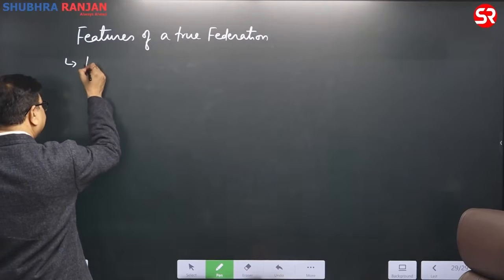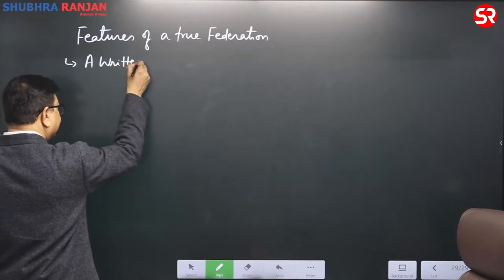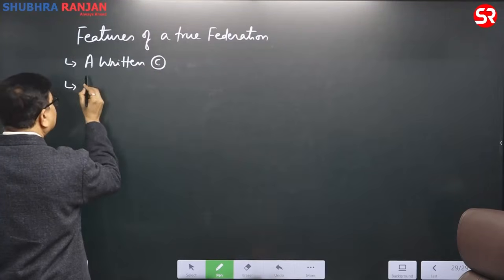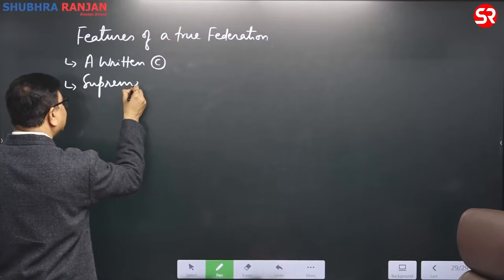First, a written constitution. Second, supremacy of the constitution.